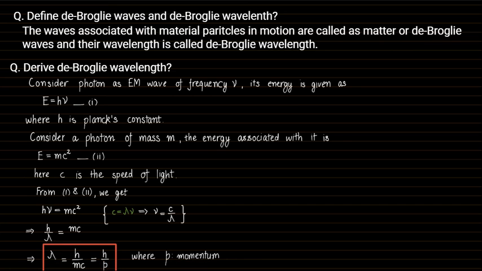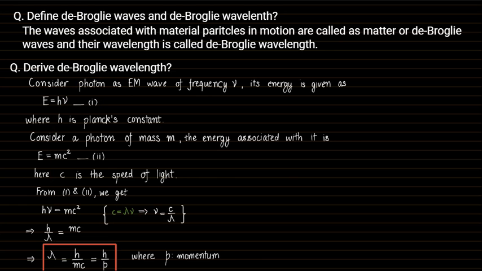Therefore, this derivation shows us that when the particle is very small, in the size of electrons or smaller than electrons, mind you the electron size is 10 to the power minus 15, it's very small.